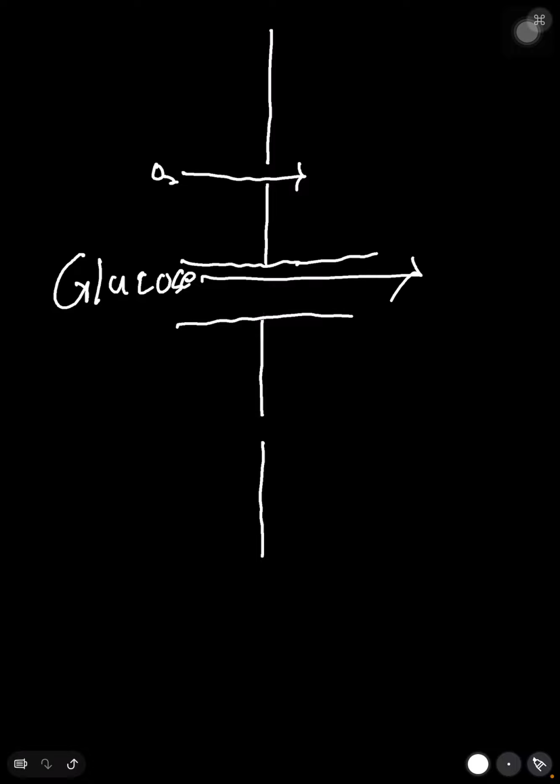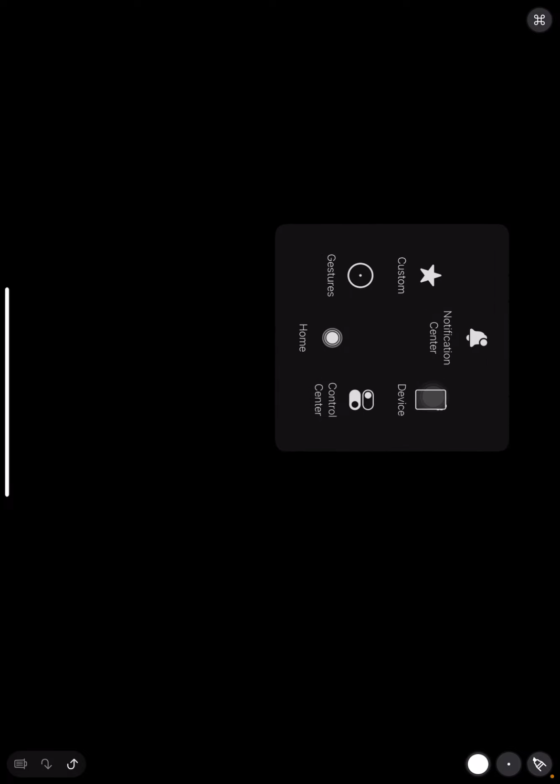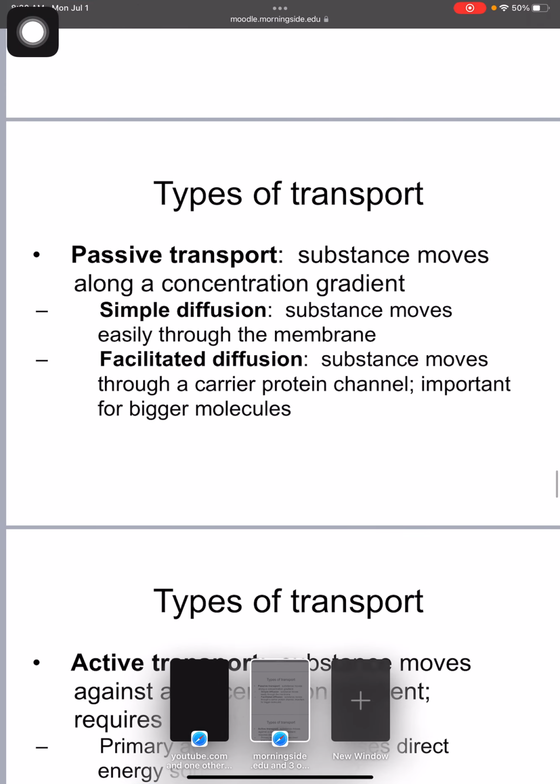So in essence, during facilitated diffusion, these integral proteins basically act as tunnels. Now that's simplifying it a little bit, but that's essentially what happens, right? It's important for bigger molecules and for certain types of ions as well.